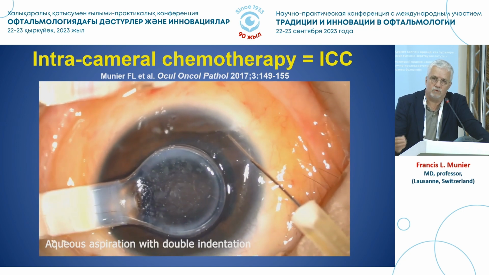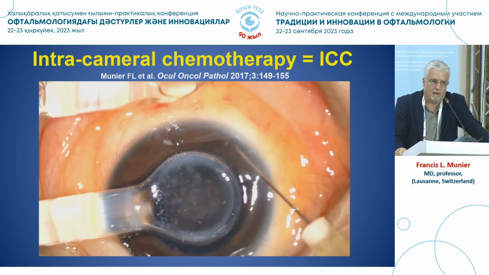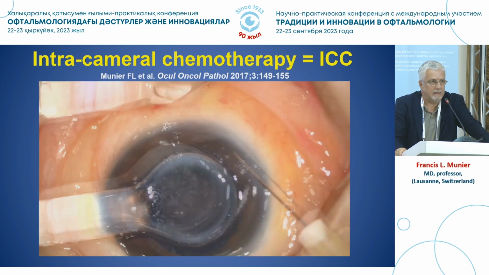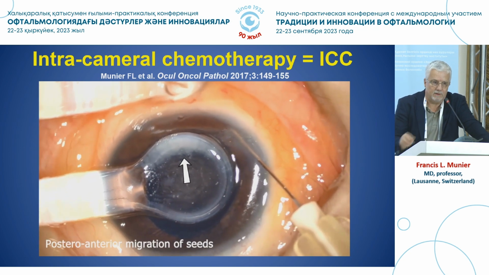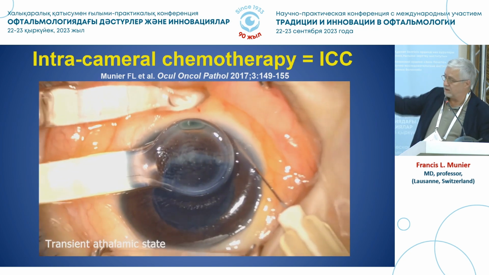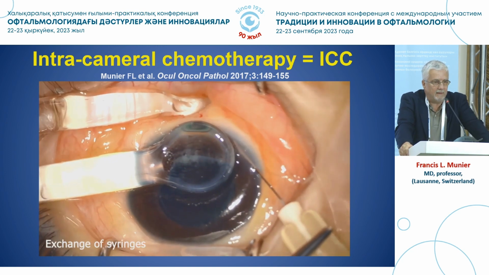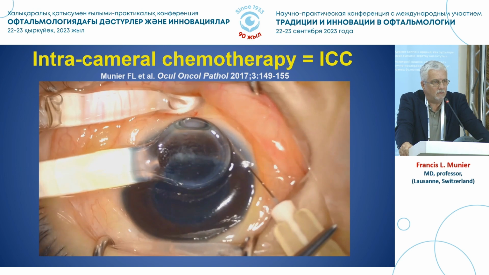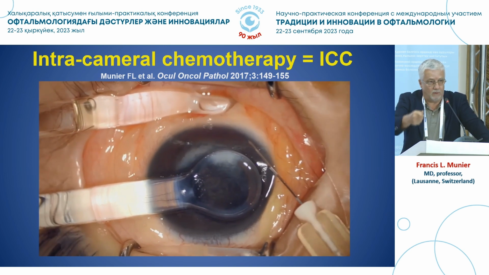The goal is to create complete atalamia. So we empty completely both antechamber and posterior chamber. You see the cells coming from the posterior chamber, and you empty, and then you replace the volume that you have retrieved.